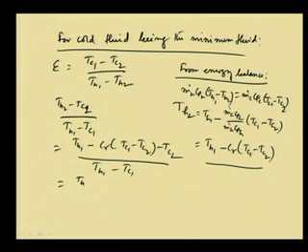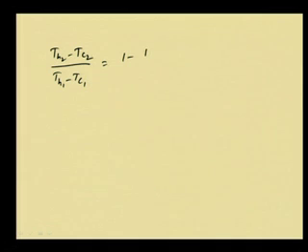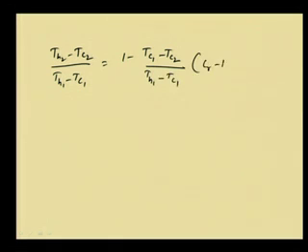So this can be written as Th1 minus Tc1, just adding and subtracting Tc1, minus Cr into Tc1 minus Tc2, and then we have subtracted 1, so we are adding 1 times Tc1 minus Tc2, divided by Th1 minus Tc1. With simple calculations and rearrangements, we can write Th2 minus Tc2 by Th1 minus Tc1 as 1 minus Tc1 minus Tc2 by Th1 minus Tc1, into Cr minus 1.